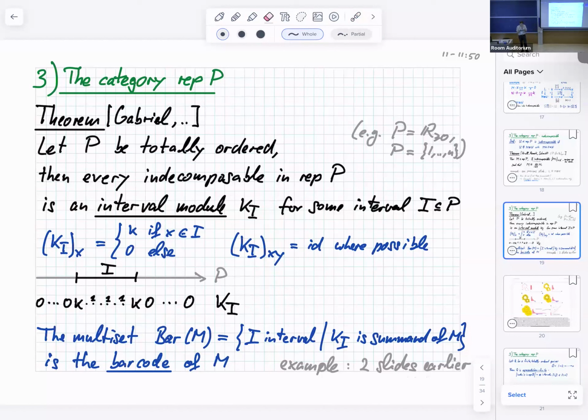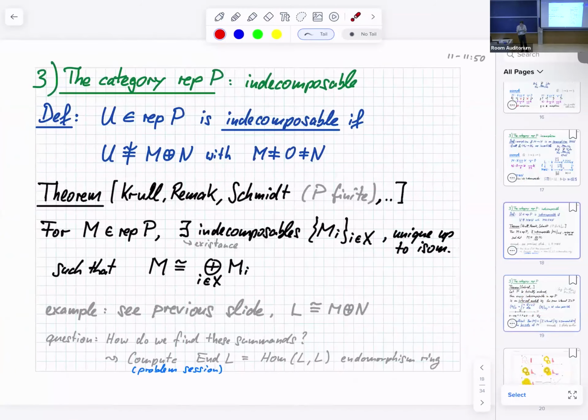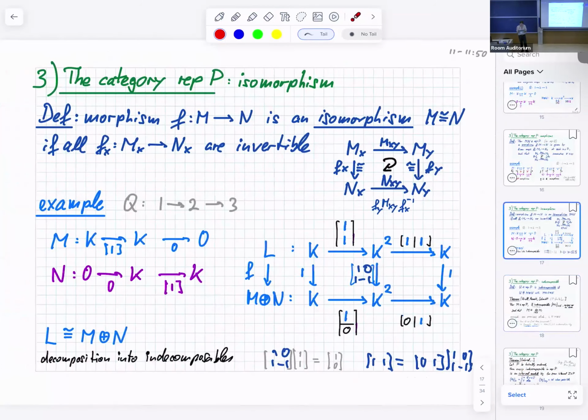And there was an example 2 slides earlier, I say. So let's go back 2 slides, 1, 2. And here we had our decomposition and we work over the quiver 1, 2, 3. So this is totally ordered. And we have 2 interval modules. The module M is an interval module, right?